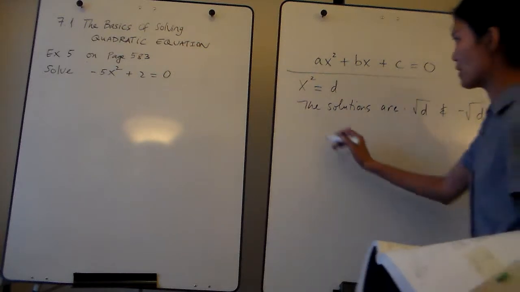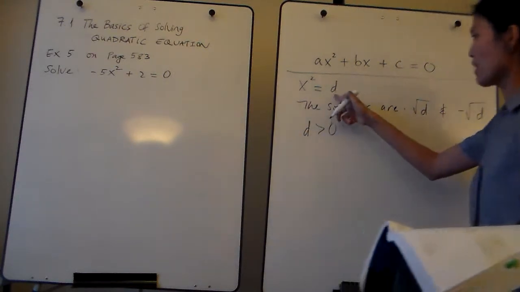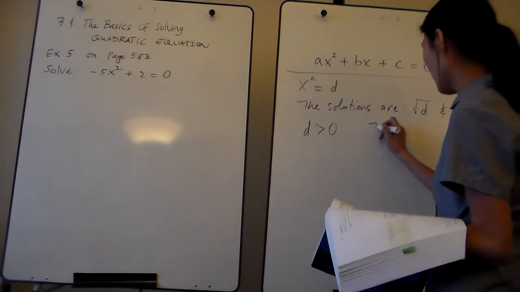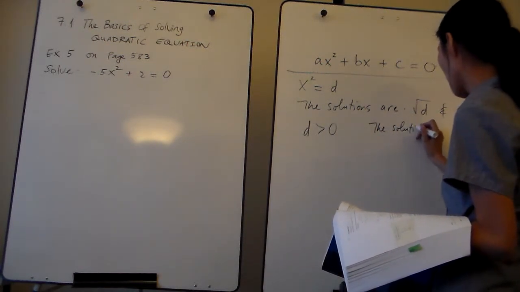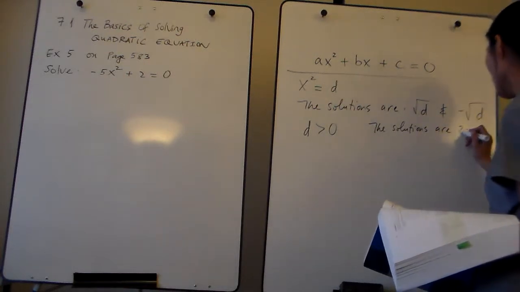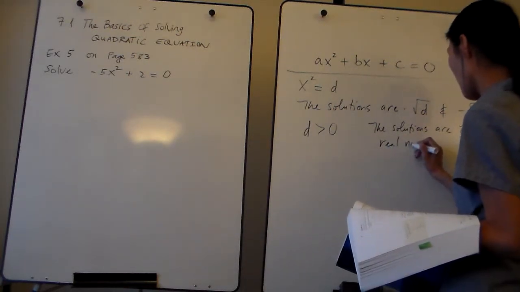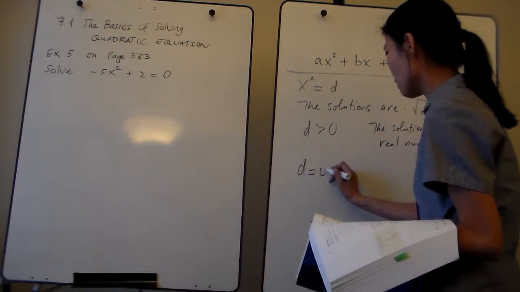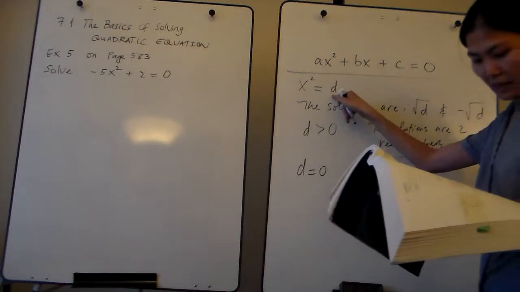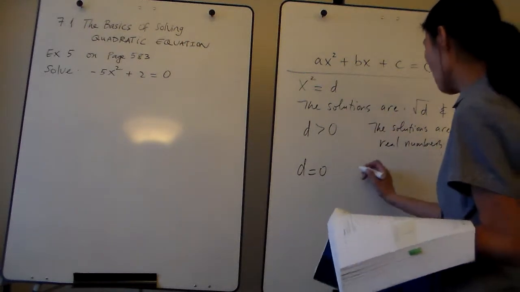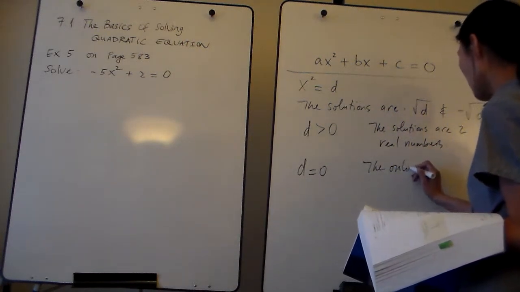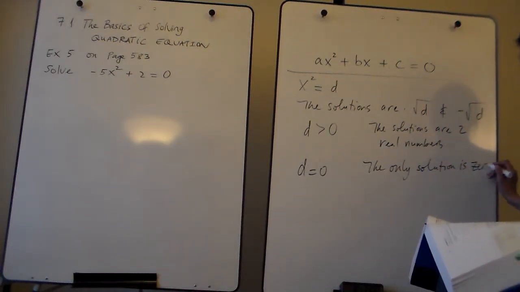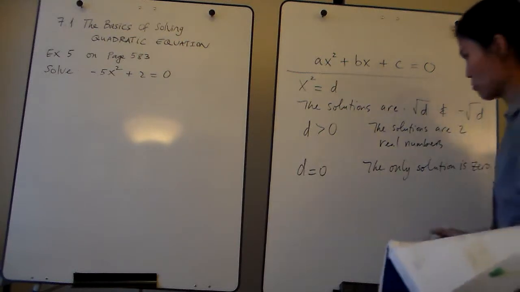When d is positive, the solutions are two real numbers. When d equals 0, the only solution is 0. Again, you can find this in the book or my lecture notes.